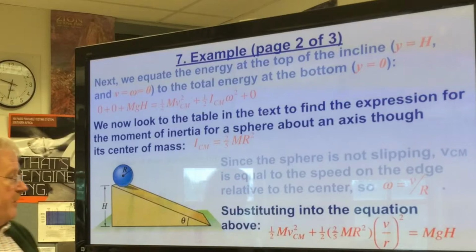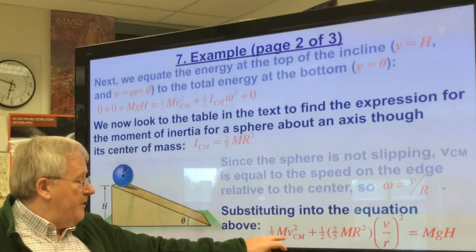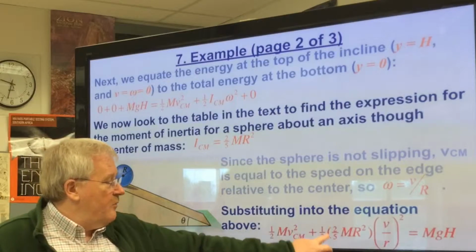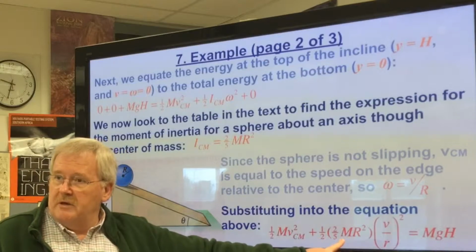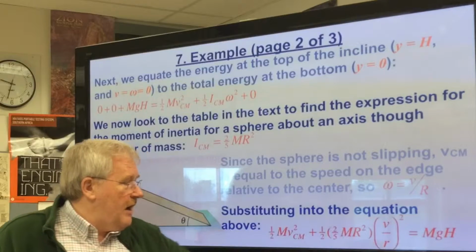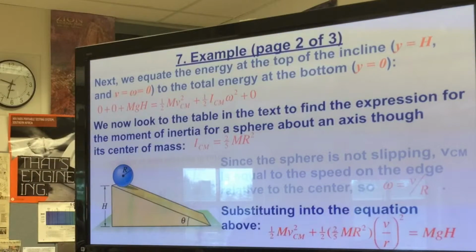So what we end up with now, substituting in, is 1/2 m times the velocity of the center of mass squared, plus 1/2 times the moment of inertia that we've looked up, and instead of omega we put v over r, all squared, and it becomes equal to mgh. The interesting thing is, you can see now that a lot of stuff is going to cancel.